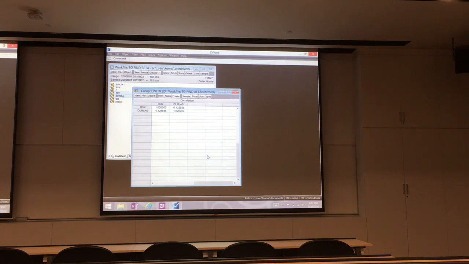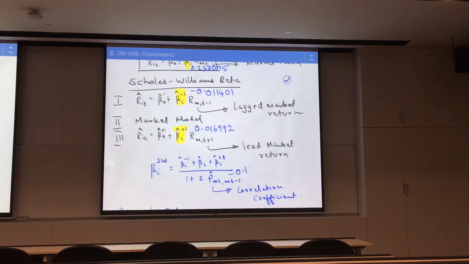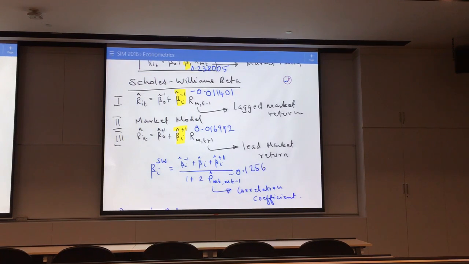Any questions on this so far? We are finding the correlation because the Scholes-Williams beta formula has it. The rho value we have found is negative 0.125656.